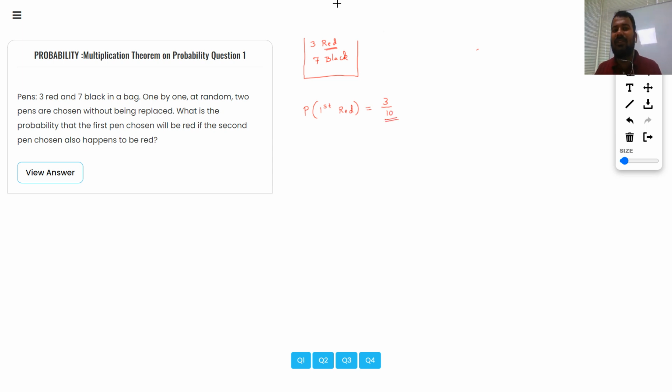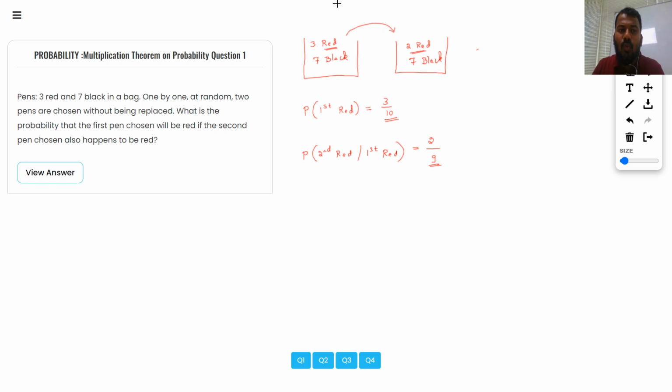Next, if I want to find out the second one also red, it means I'm going to take out probability of second red given that first one is red. Given first is red. Now if the first one has already been taken, I can see the new box is going to have 2 red and 7 black. Why 2 red here? Because we have already taken 1 red. Now in this particular case, the second one will be red with 2 reds among a total of 9.